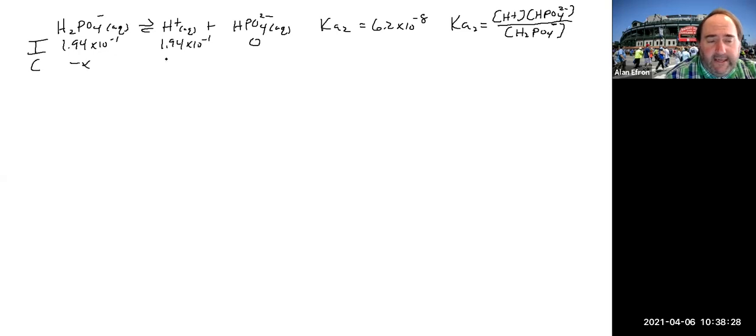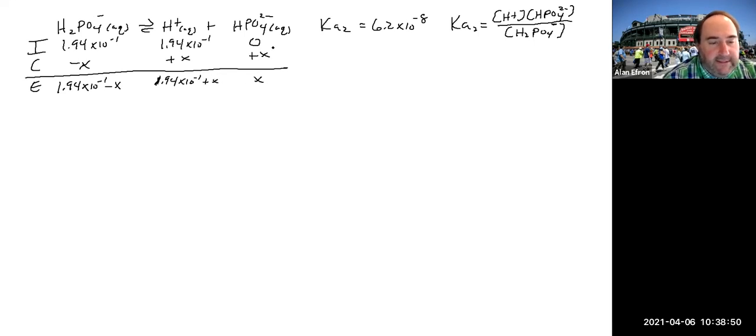We're going to do a minus X there, a plus X there, and a plus X there. That is going to get us 1.94 times 10 to the minus 1 minus X, 1.94 times 10 to the minus 1 plus X, and an X in this case. Any questions on the ICE table here?